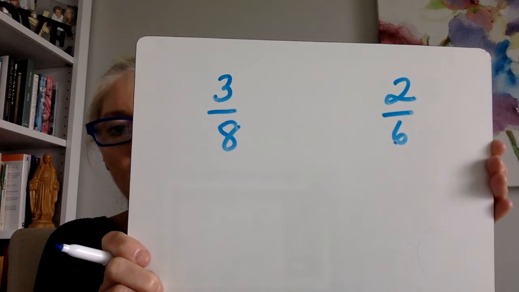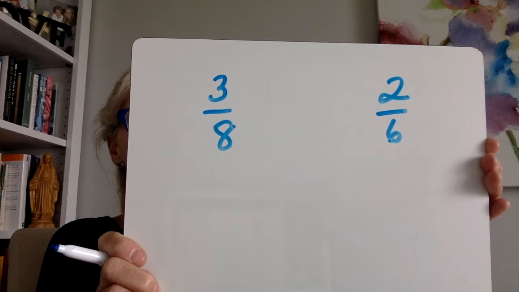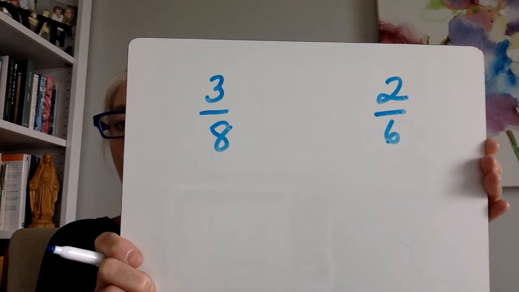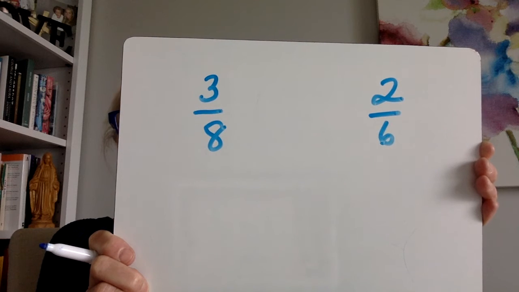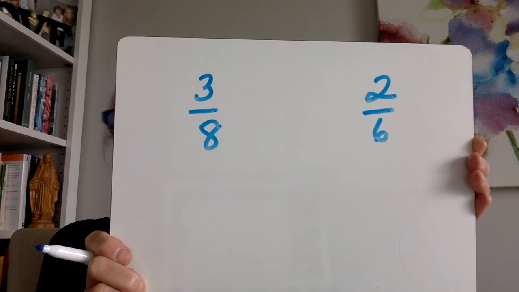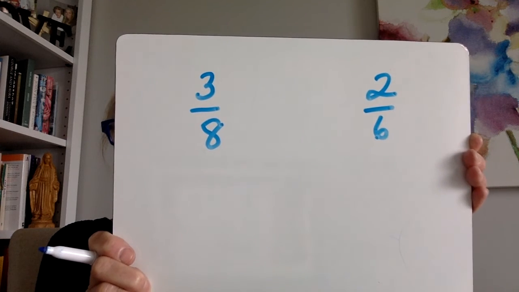First, let's count by 8. 8, 16, 24, 32. Let's count by 6s now and stop when we hear a match. 6, 12, 18, 24. I said 24 and 8, and I said 24 and 6. We have a match. We have a match, people.